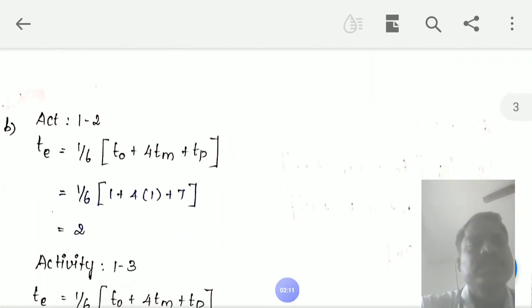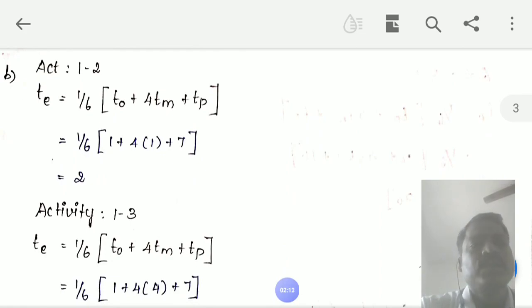First, we construct the network diagram, and we need the duration of every activity. Therefore, we use the optimistic time, pessimistic time and the most likely time to find the duration of the activity. First, activity 1 to 2.